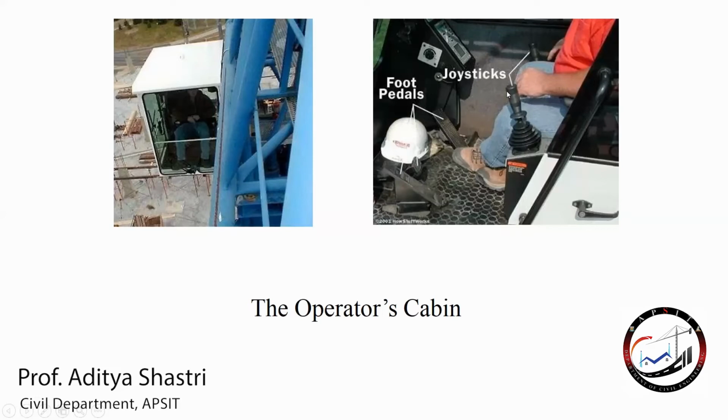He can lower down and he can orient the position. He can give the swings. He can rotate the entire boom as well as himself on the swing, and exactly where the material or machinery or the men are required, he can, with the help of these controls, make those men and material reach those points.